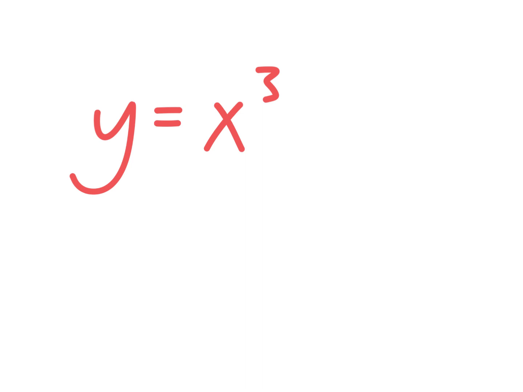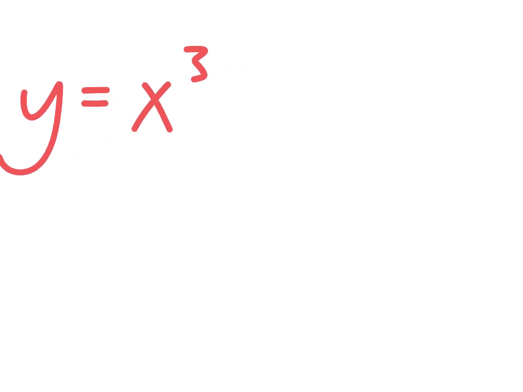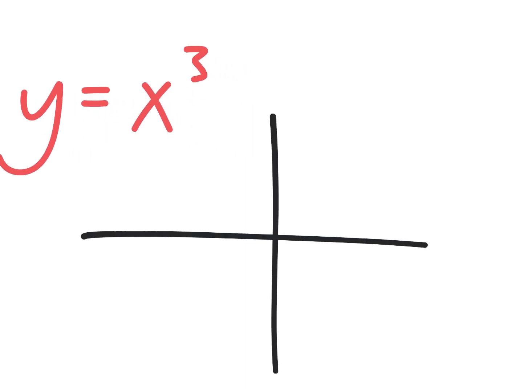So if I give you a graph like y equals x to the third, and you don't have any clue what that looks like, I bet you there's somebody in here who does. But if you didn't have any clue what it looked like, as soon as I graphed these points, can you kind of tell that, well, duh, it's going to go like this then?